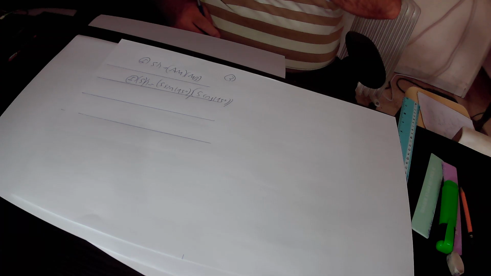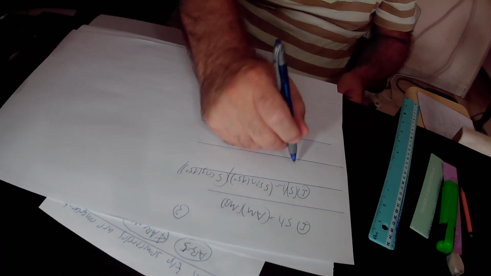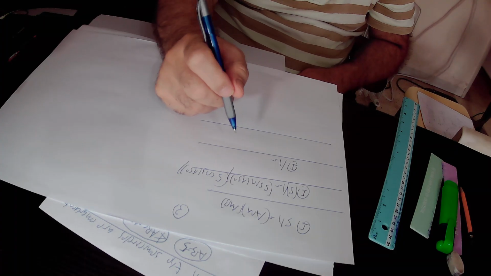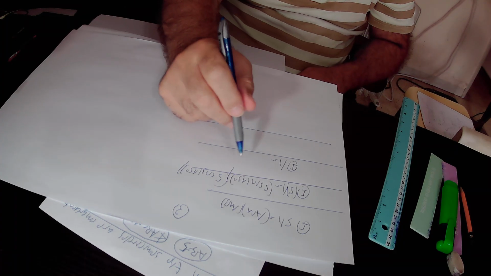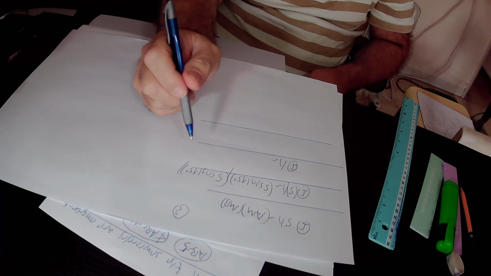Here we divide this equation by 5, and we have 5 times 5, so only one 5 is left.